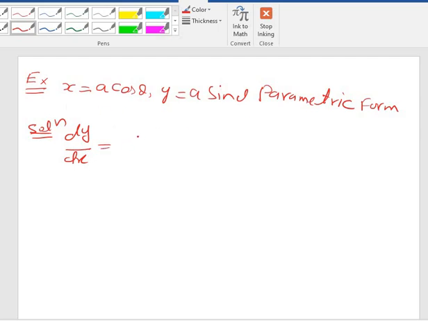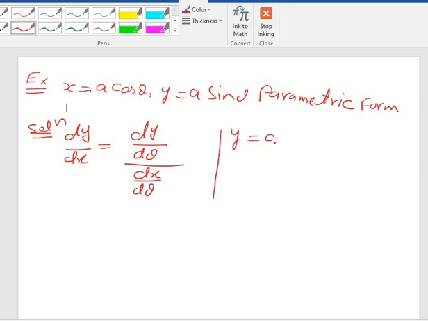Because this is a parametric equation form, we can write dy/dx as dy/dθ divided by dx/dθ. It means we need to differentiate this function with respect to theta. So I am going to separately write the derivatives.